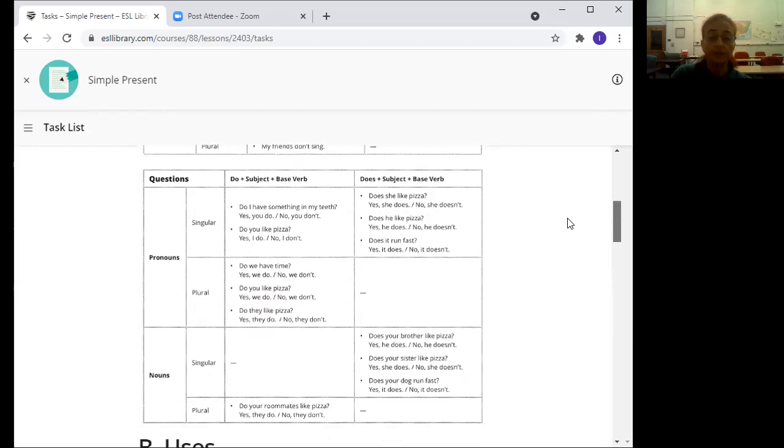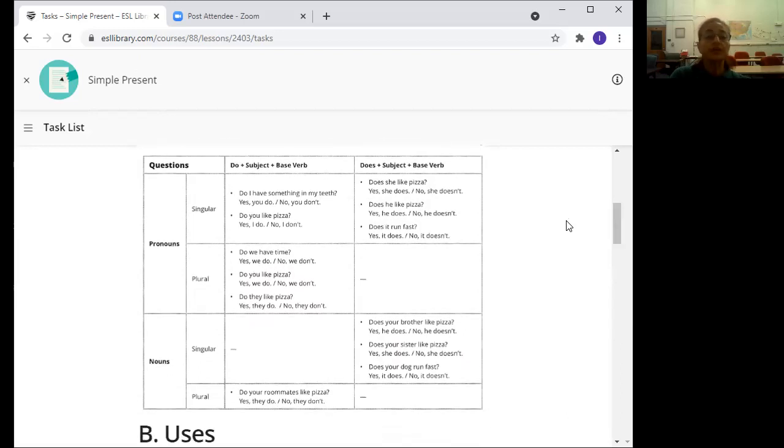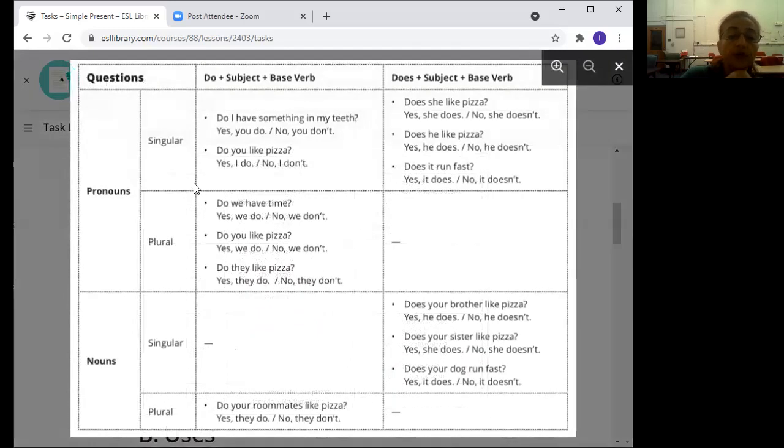However, your questions are sometimes of a different type. Your question may be a special question, an information question, where you will use question words, in which case we are going to use a question word before your helping verb.